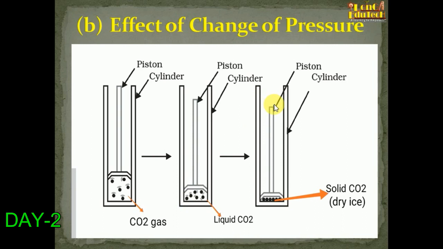We apply more pressure on this carbon dioxide, so the liquid carbon dioxide gets changed into solid carbon dioxide, CO2, and this solid carbon dioxide is called dry ice. So like this, the state of matter can change by applying pressure. This is a simple diagram that we can understand this with.